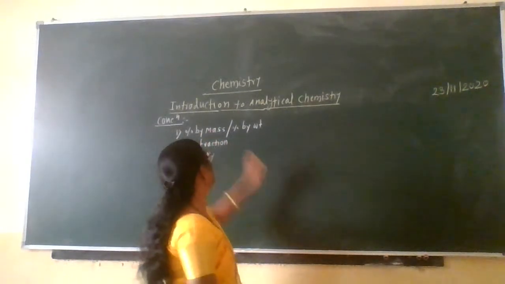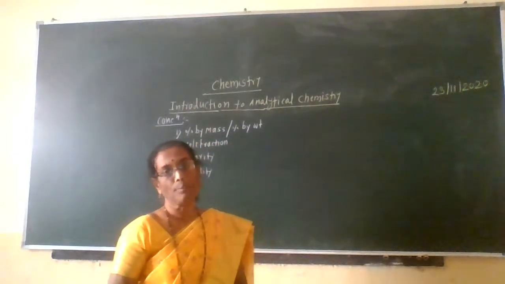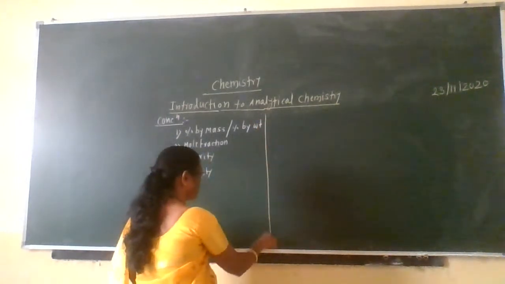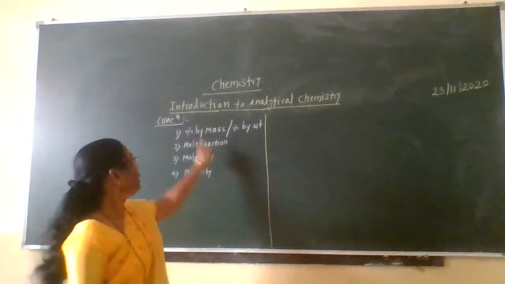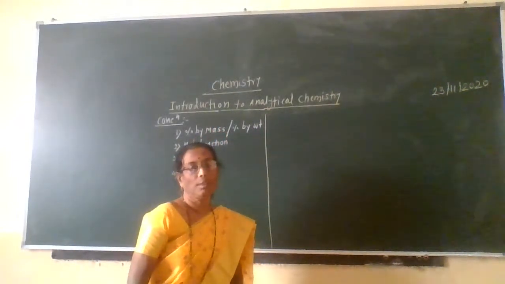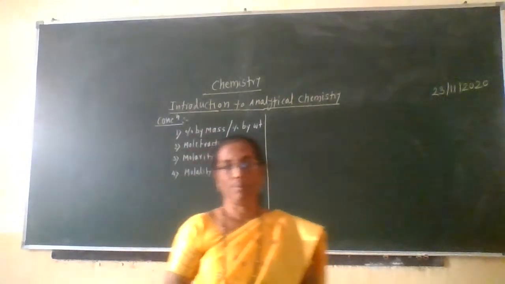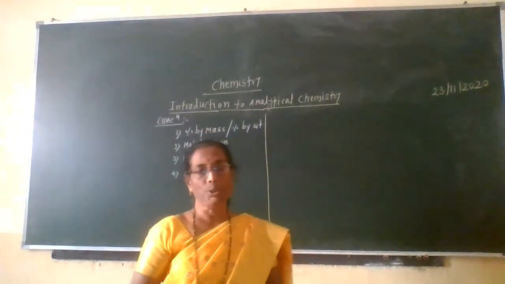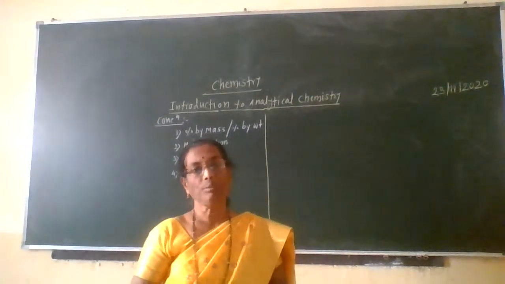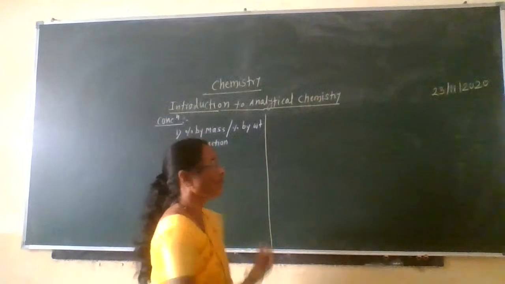How to calculate the percentage by mass of a substance? Percentage by mass is nothing but the ratio of mass of solute to the mass of solution multiplied by 100. Means what?